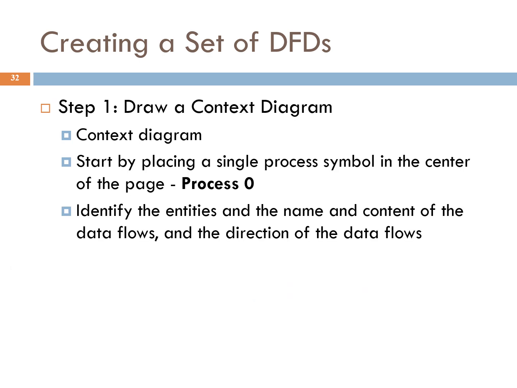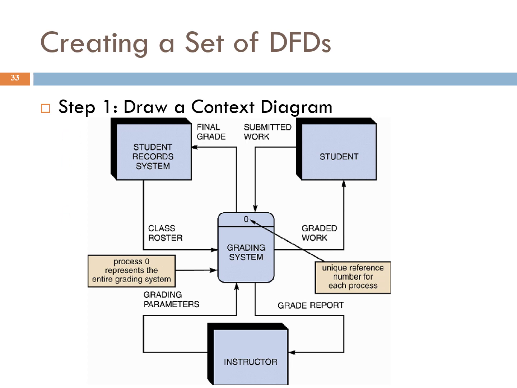Okay, step 1 is to draw a context diagram. Start by placing a single process symbol in the center of the page, and we call it process 0. Identify the entities and the name of the content of the data flow and the direction of the data flow. So this is an example of a context diagram for a grading system. You can see the process is in the middle.